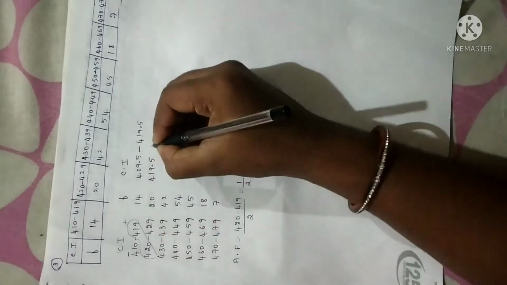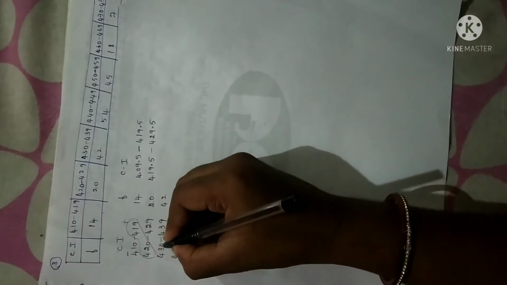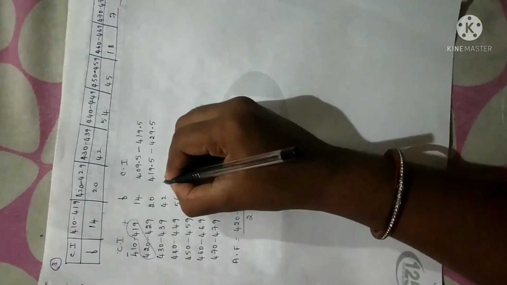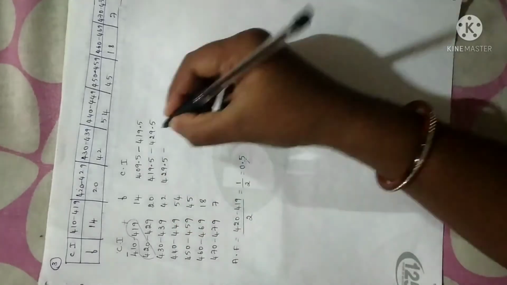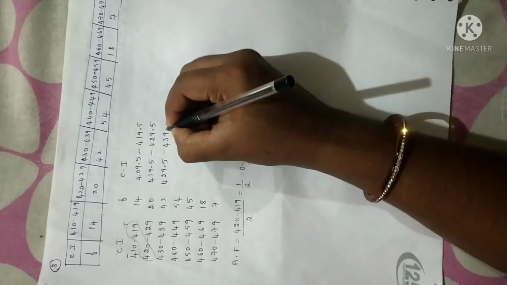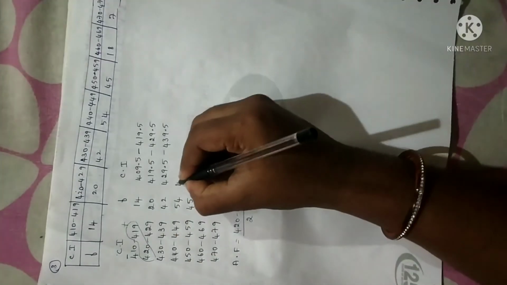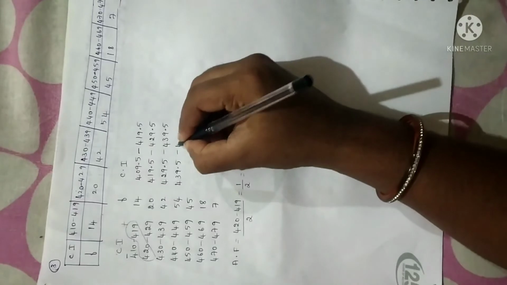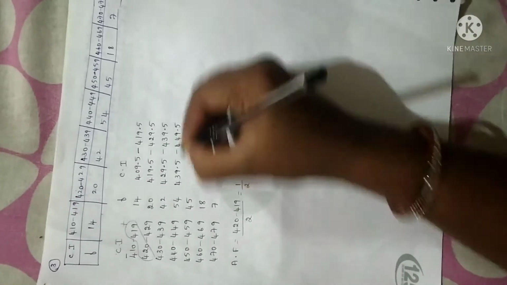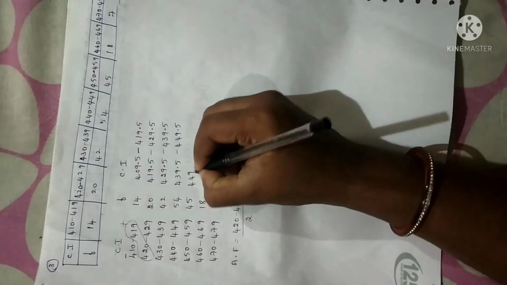429 plus 0.5 is 429.5. Again 430 minus 0.5 is 429.5. 439 plus 0.5 is 439.5. Next 440 minus 0.5 is 439.5. 449 plus 0.5 is 449.5. 450 minus 0.5 is 449.5.